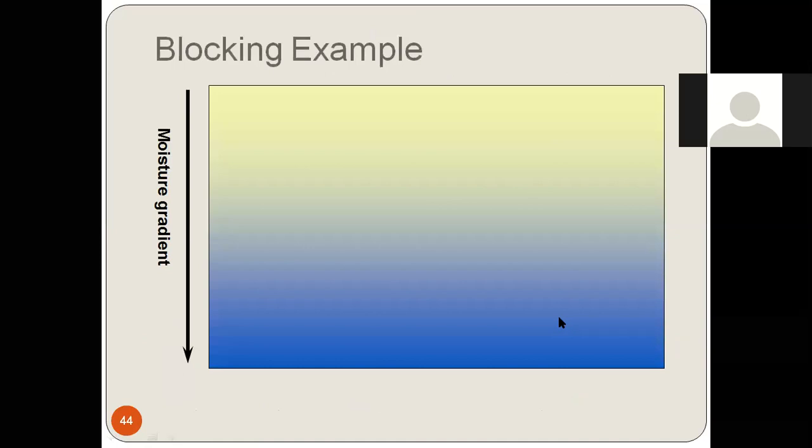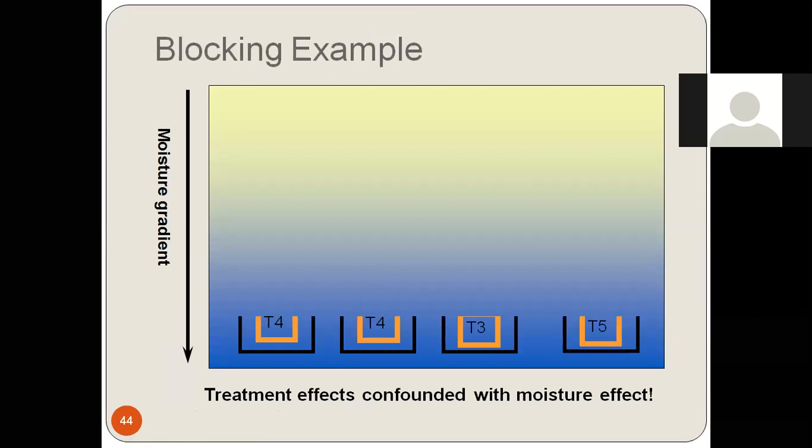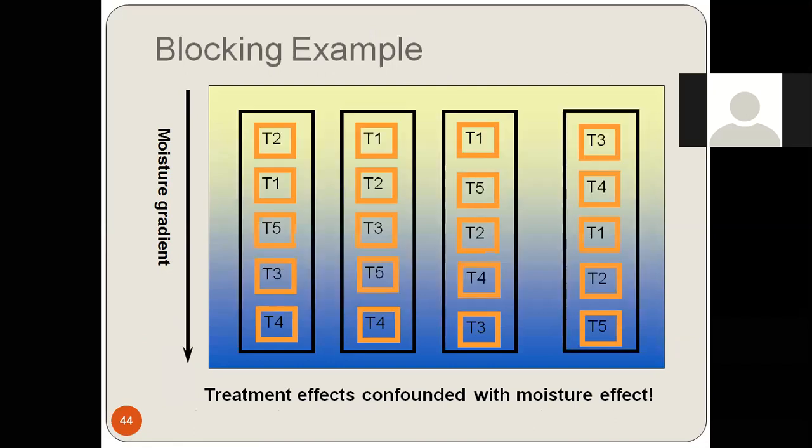Now, an example of blocking. Moisture gradient. If you have a moisture gradient, can somebody tell me whether this blocking is correct? This is a single block. That is block 1, this is block 2, block 3, and so on.